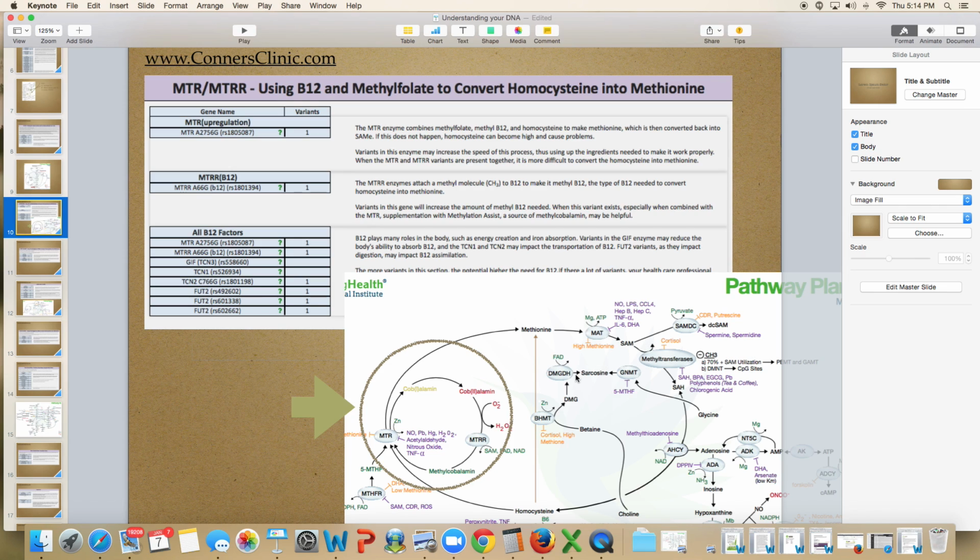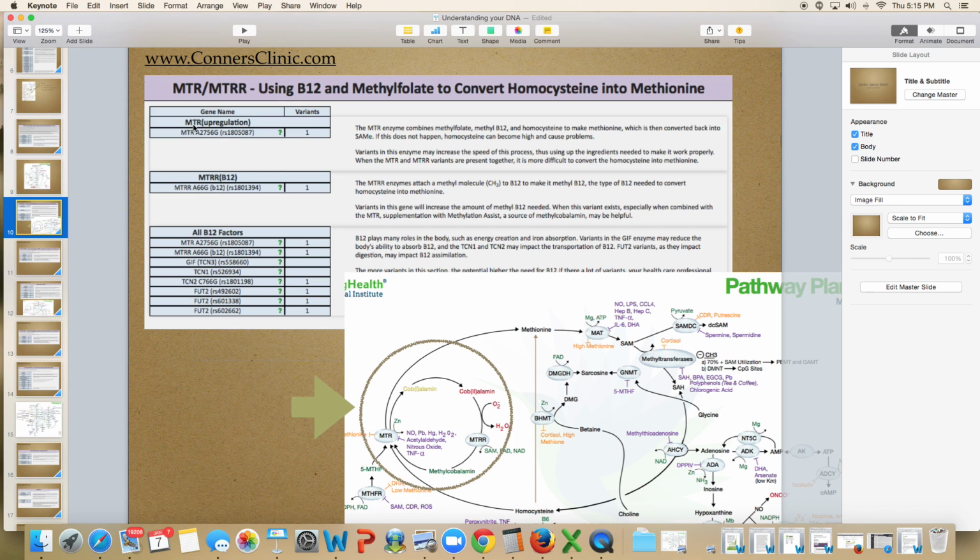SAM is your main methyltransferase for your entire body. So that is what helps you make new cells, create DNA, and methylate. Your methylation process within the cell helps you turn on and off genes that you don't want to be on, or you need to turn on, you would remove the methyl group. So very, very, very important.